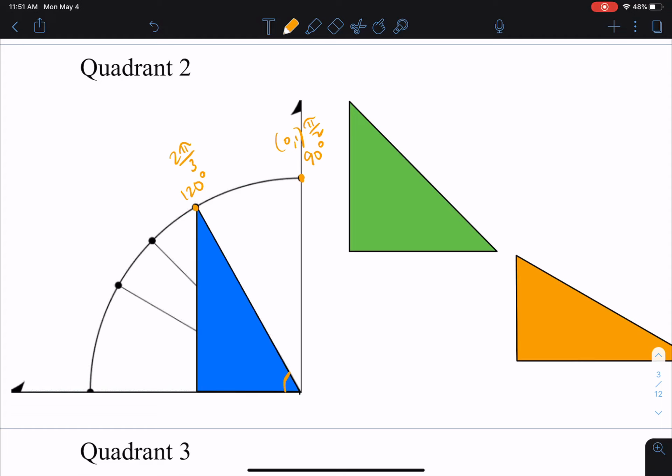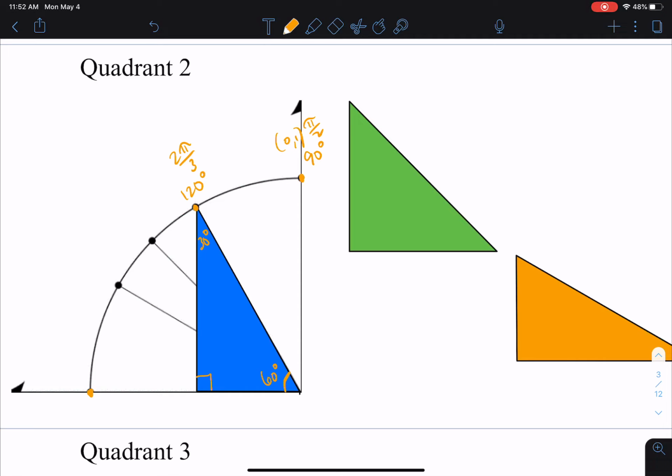So this reference angle here, if this is 180 down here and this is 90 here, and I'm at 120, that means I have 60 left. So that's 60 degrees. If that one's 60, that means that has to be 30, and obviously that one's going to be a right triangle.